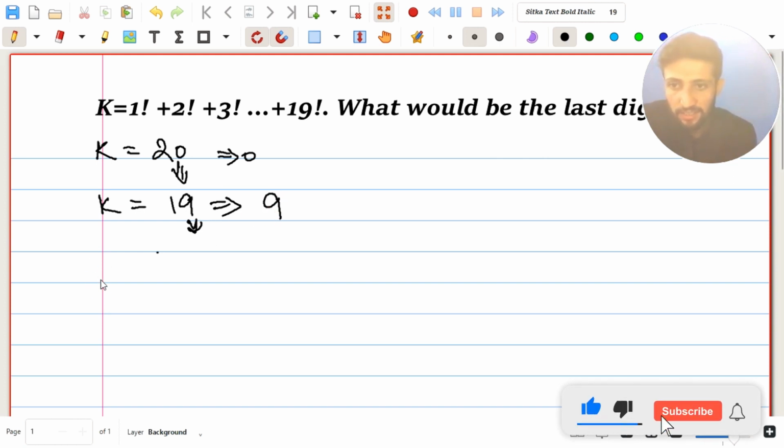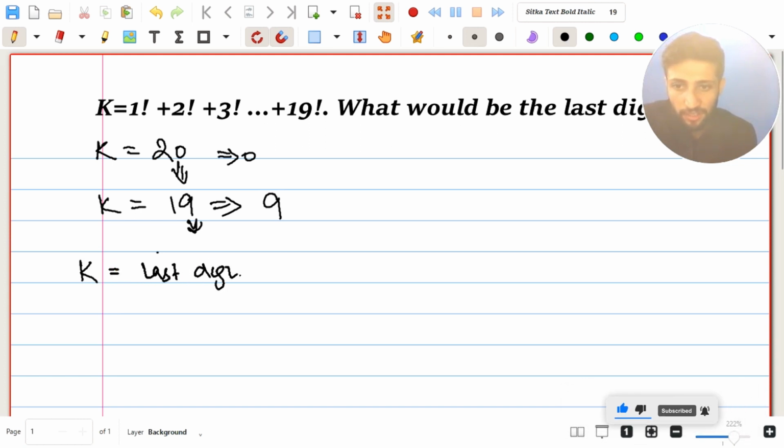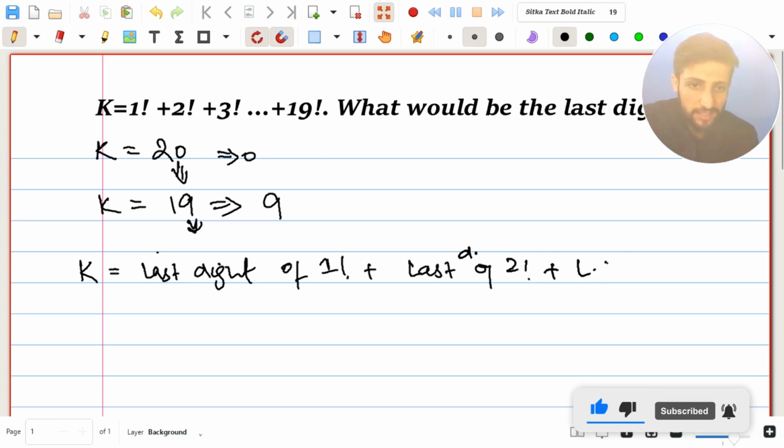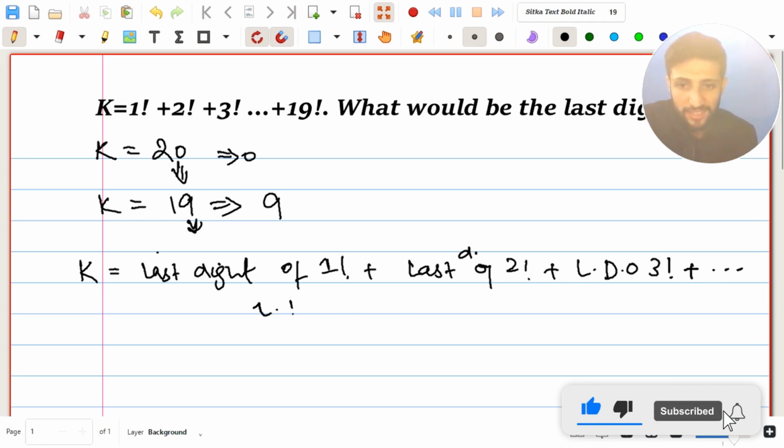So I can say that the last digit of k is simply equal to the last digit of 1 factorial plus the last digit of 2 factorial plus the last digit of 3 factorial, and it goes on to the last digit of 19 factorial.